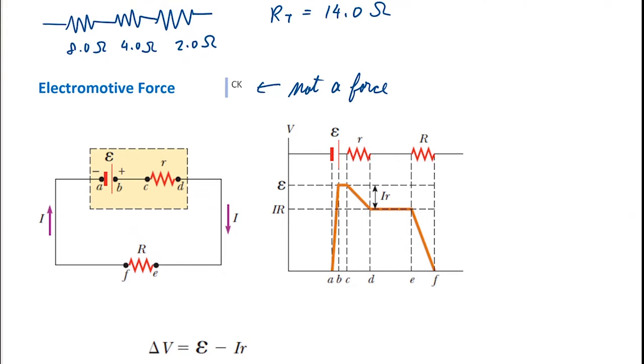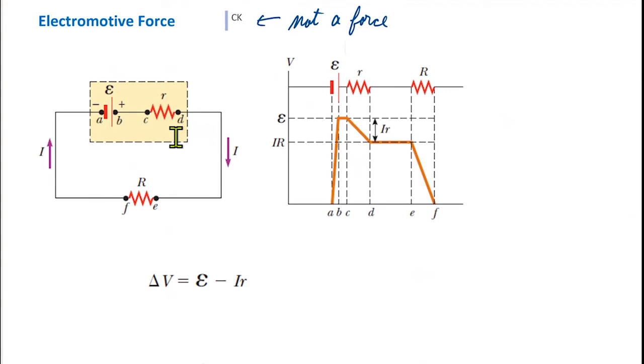I don't know why they named it like that. It's just potential difference, a voltage out of the battery. Let's say this is a battery, 1.5 volt, they say. And then there's a chemical inside that creates this.